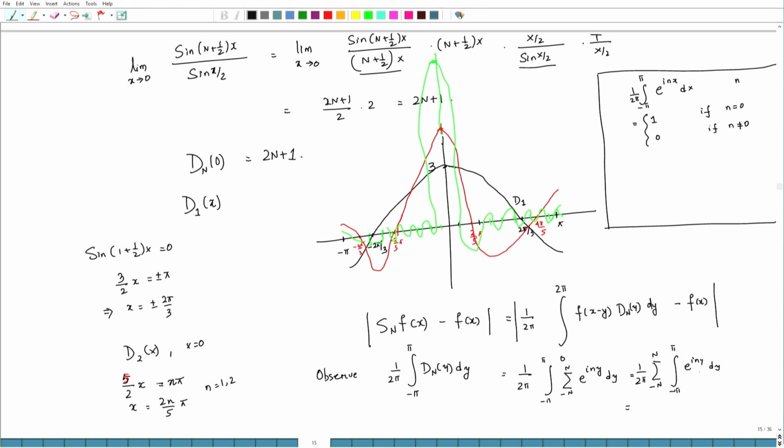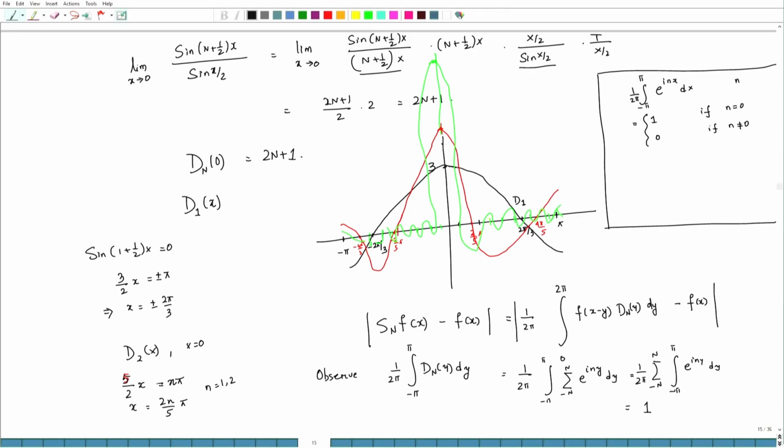So, coming back to the computation of the integral of D_n of y, it survives only when n is equal to 0. Therefore, this is going to be equal to 1, because for the rest of the n not equal to 0 it is 0.